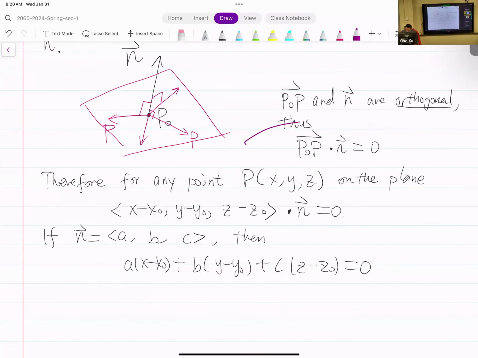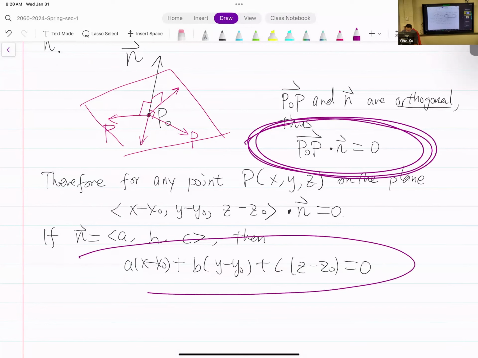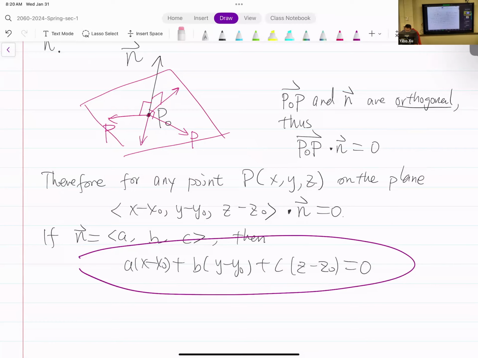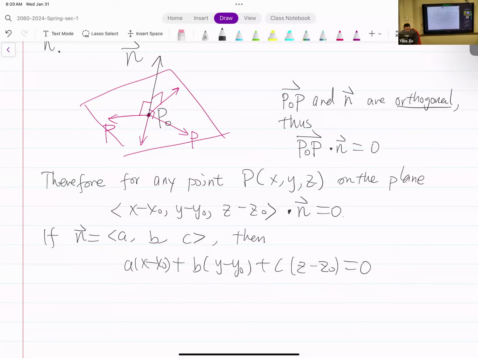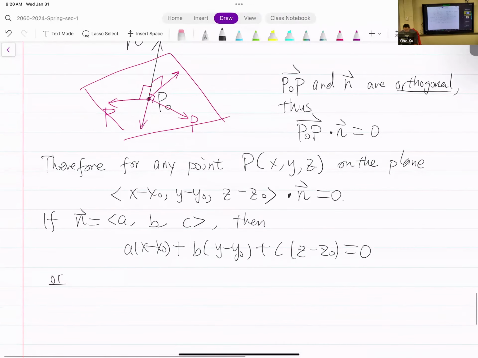So here, this is the vector equation. Now we substitute. This is the standard equation of the plane. And now if you combine these constants, you see you have negative ax0, negative by0, negative cz0. You can distribute and combine the constants.